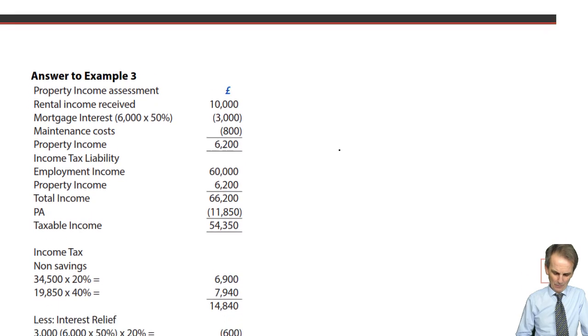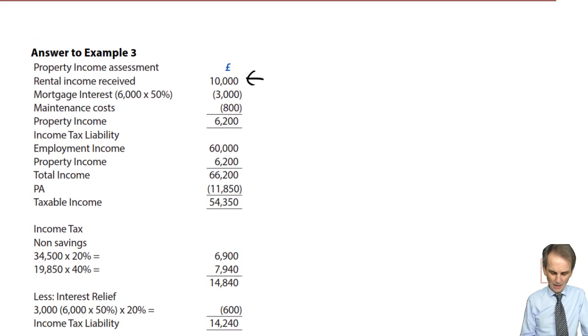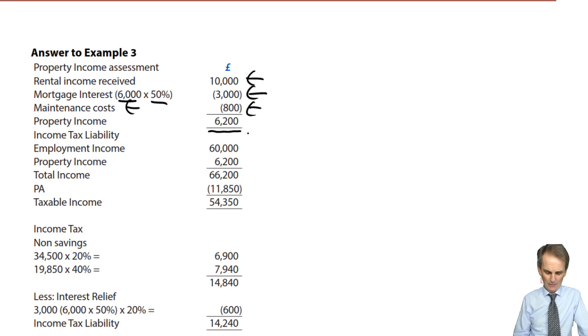Moving through. The property income assessment, we agree. Rental income received, 10,000. We agree. Only 50% of the mortgage interest in 2018-19 is allowable, 3,000. The maintenance costs are perfectly allowable revenue expense, deducted. So for this tax year, the property income assessment is £6,200.